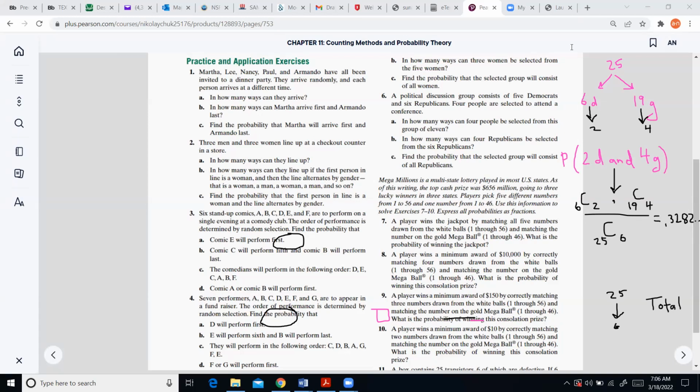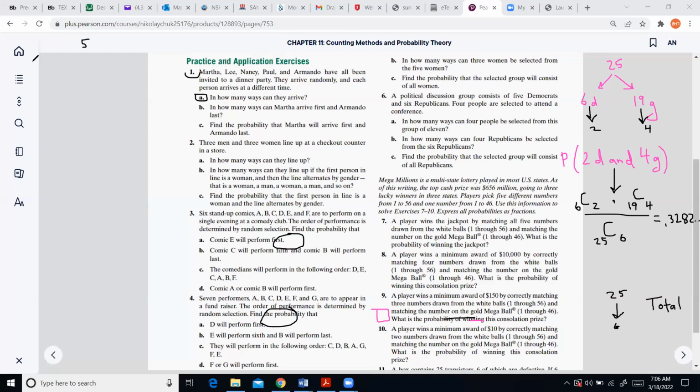So the question here says there are 1, 2, 3, 4, 5 people, looks like, all been invited for a dinner party. How about that? I'm sure that's exciting news, right? So the question is, in how many ways can they arrive?